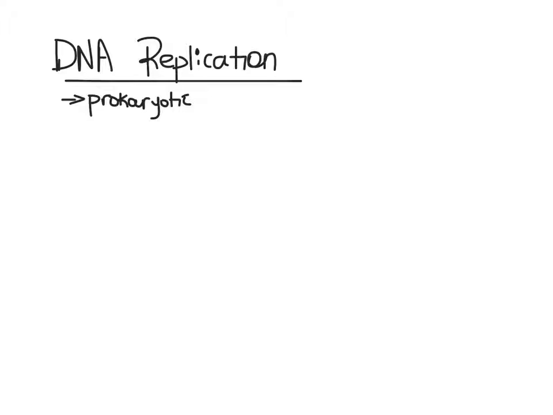And when we look at replication, this is usually in the S phase of interphase. And usually we go through replication in order to do cell division. So we'll go through mitosis or meiosis after the DNA is replicated.